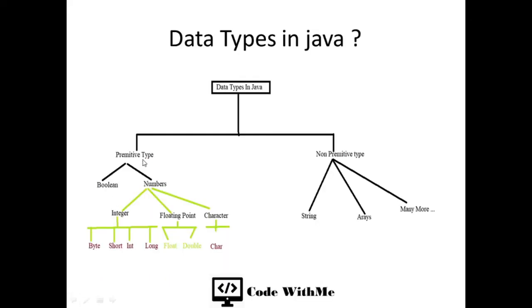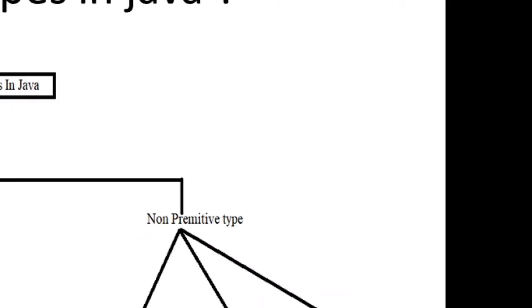Actually, they learned something from C++. In C++ and C, there is lots of memory wastage. If you remember C, we use pointers in C and we use them to organize memory.